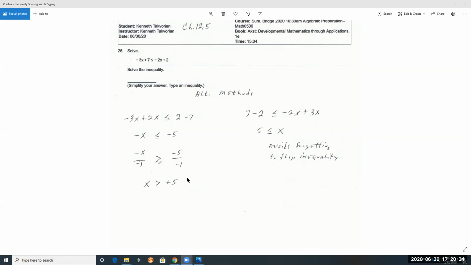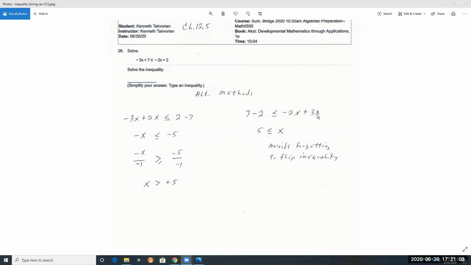An alternate way of doing the problem: if we move all the x's to the left, we're going to get a negative coefficient, which could get me into trouble. So thinking ahead, I'm going to move the minus 3x to the right, so it's plus 3x. And therefore, I need to move the plus 2 to the left, so it's 7 minus 2. 7 minus 2 is 5.